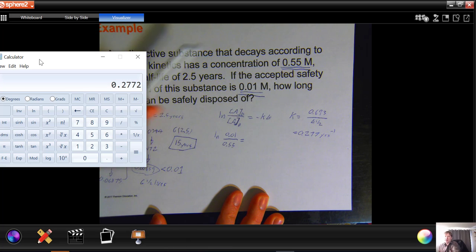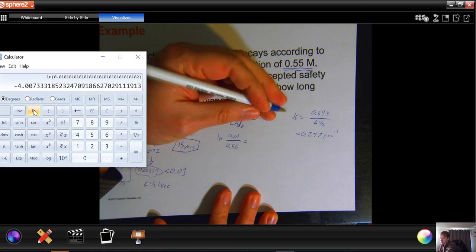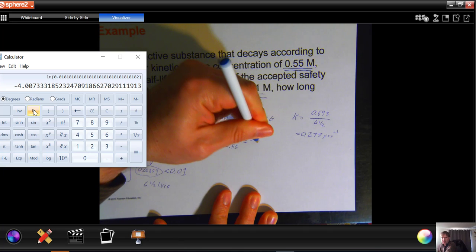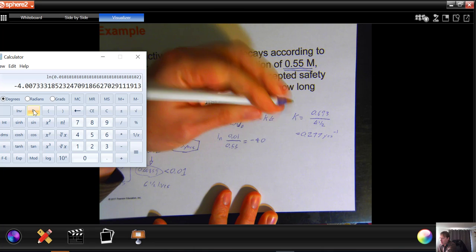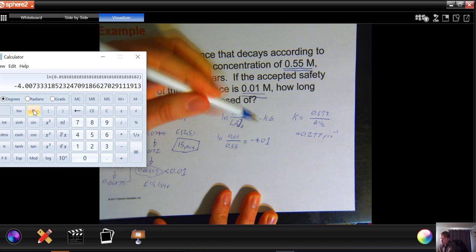And we can go ahead and evaluate that because we know both of those numbers, and we can just get rid of the natural log when we do that. So 0.01 divided by 0.55, so we get that number, and then we do natural log, and we get that. Okay, so when we do that, we have negative, we'll call that 4.01. So that's that side of the equation.